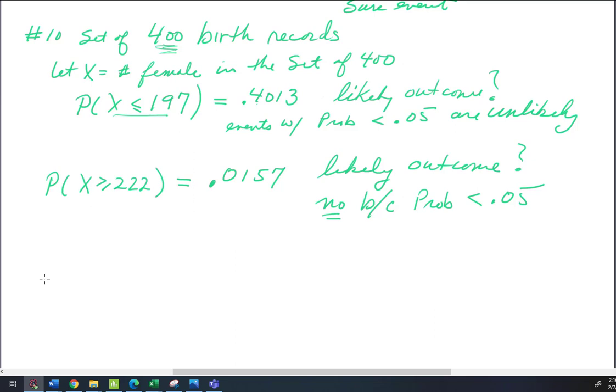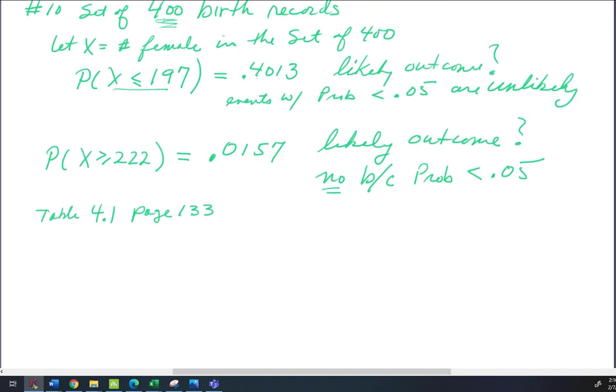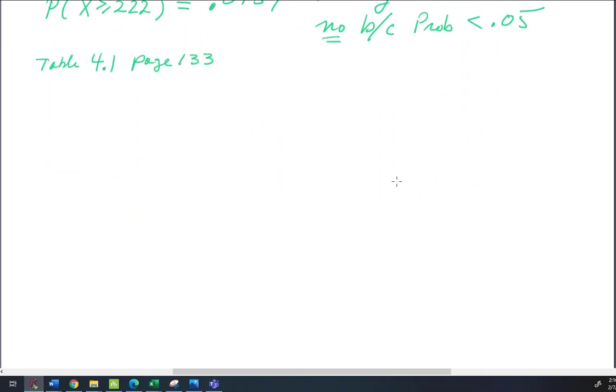Let me, because of time, drop down to table 4.1, which is on page 133 of your textbook. And this is a table that shows the result of giving a drug test in a place of business.